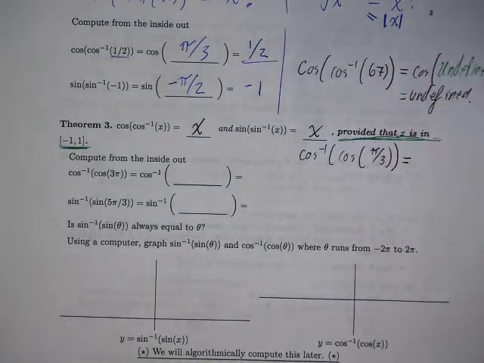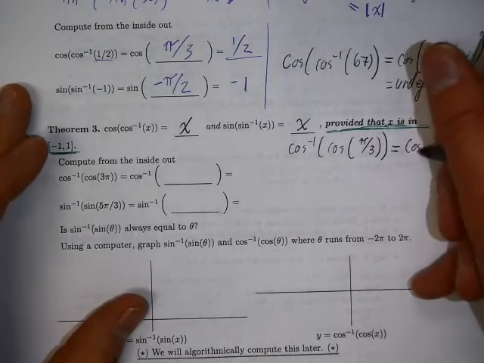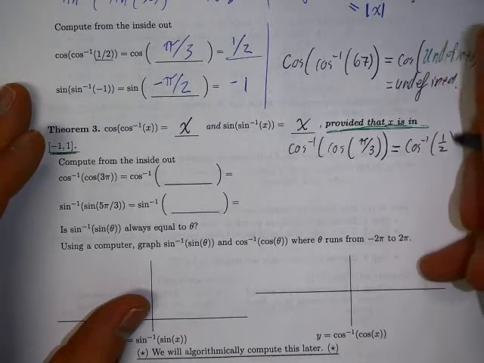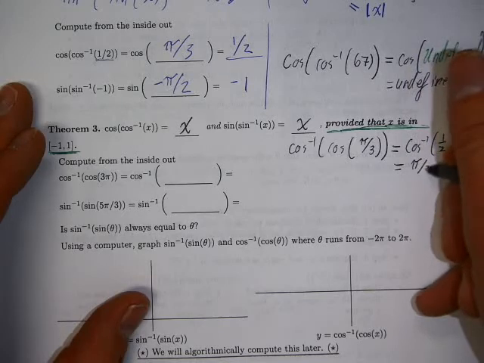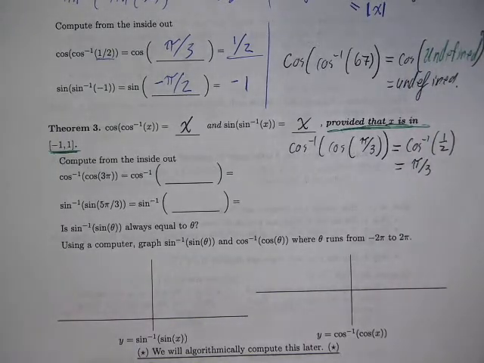Let's try to compute that. What's the cosine of pi over 3? It's not the 1/2 over 3 over 2, right? Which is it? So this is the same as cosine inverse of 1/2. What's the inverse cosine of 1/2? Pi over 3. So it works out in this case.